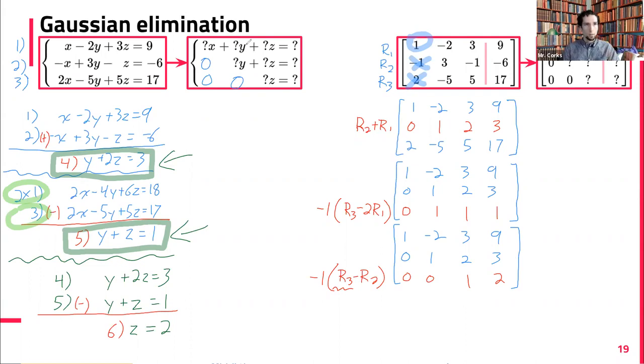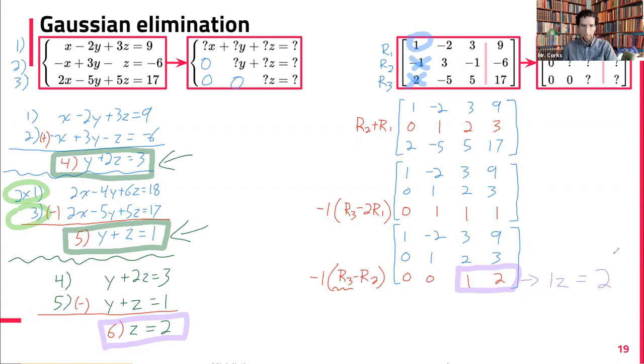So we've done kind of the main part here, sort of the hard part. We've done the bulk of the solving work. So on the left, we have a variable eliminated, or two variables eliminated, and then this one solved for, so z equals 2. And then on the right, we've done the same thing. This row means 1 times z is equal to 2.